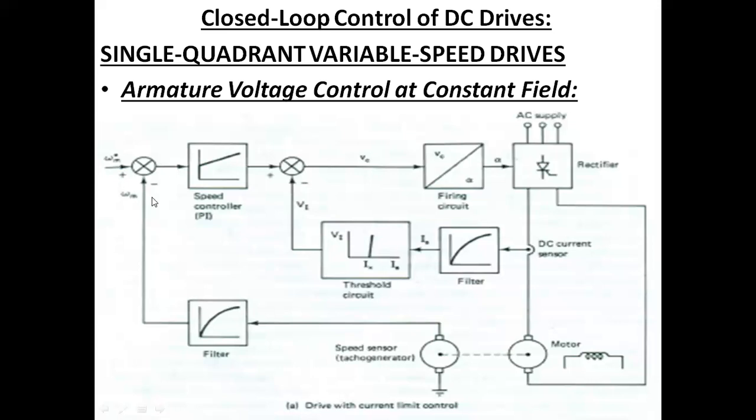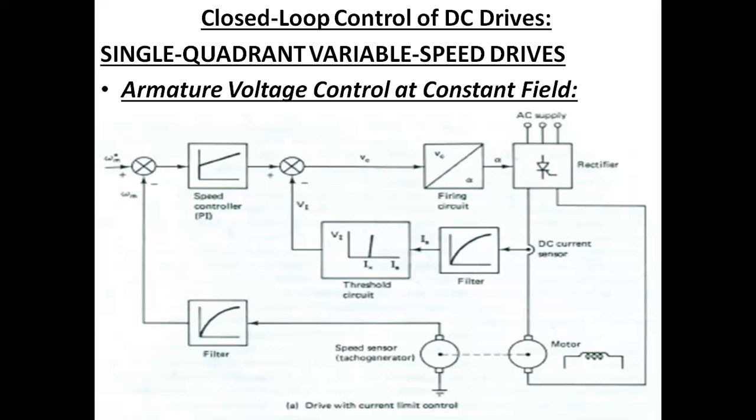A signal exactly proportional to the motor speed is obtained from the speed sensor, and the speed sensor's output is filtered to remove the AC ripple and compared with the speed reference.